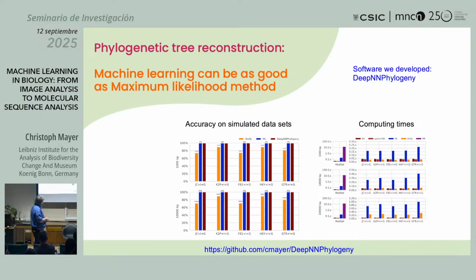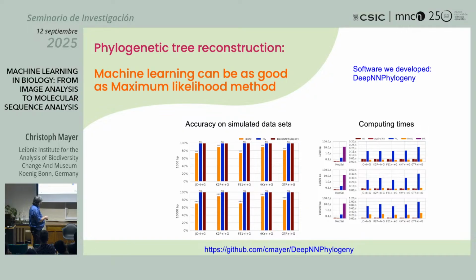And we use different models here, the Jukes-Cantor model, the Kimura model, Felsenstein model, HKY model, and the GTR model, the most general time reversible model. And these are the accuracies. This is neighbor joining, that's maximum likelihood, and that's the neural network.